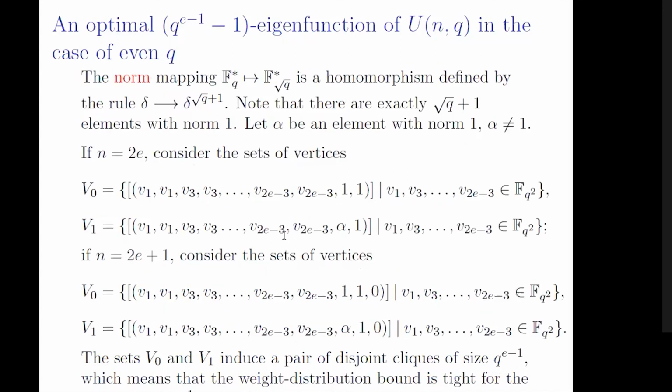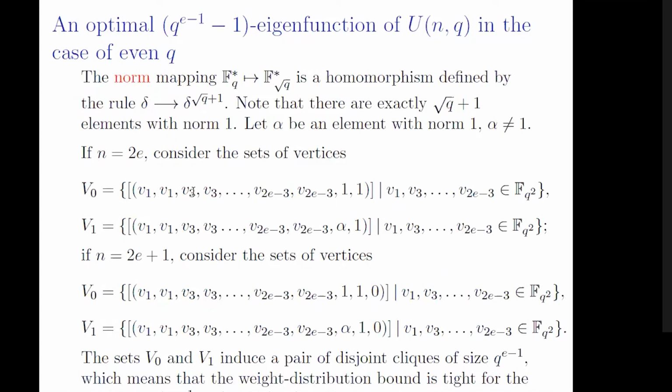And a different construction, this is the last slide, a different construction was proposed in the case of even q, which is a little bit different from the previous one, but the main idea is the same. We just repeat some coordinates.